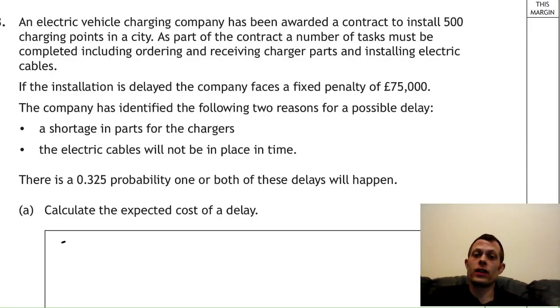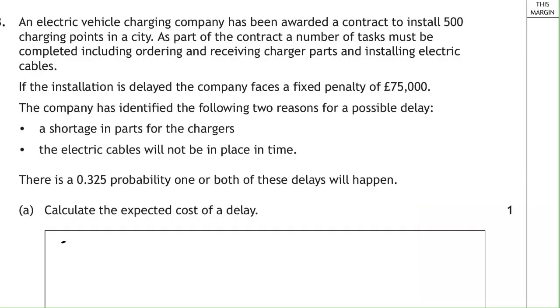So they figure that it could happen because a delay of the installation could be because they don't have enough parts for the chargers, or the electric cables will not be in place in time. Basically, two possible reasons. Now they've calculated for us 0.325 that one or both of the causes for delay happen.